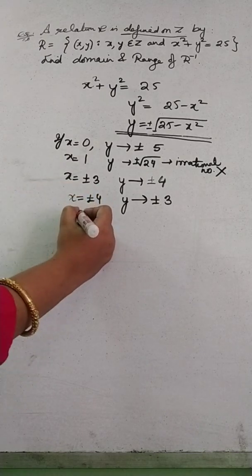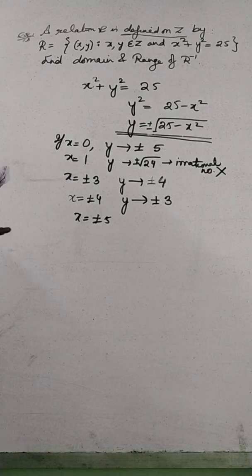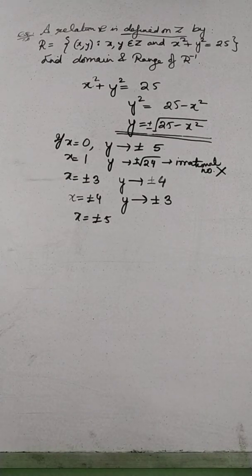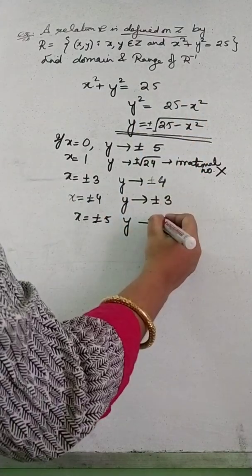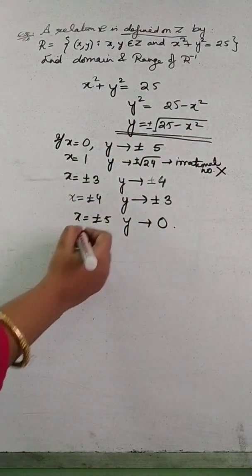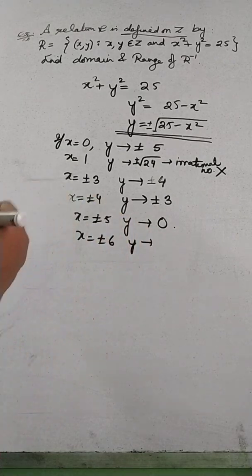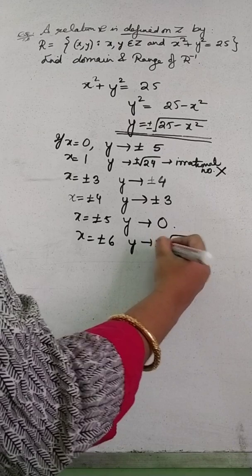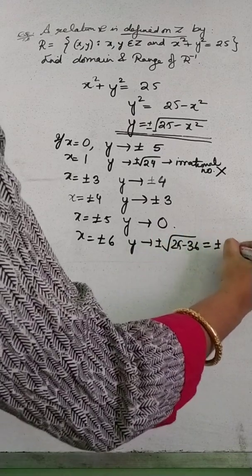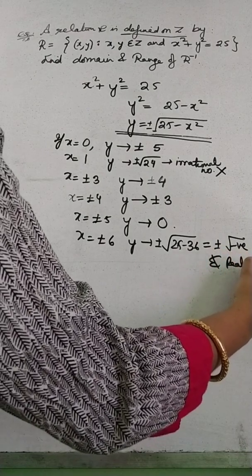If I take the value of x as plus minus 5, the value of y is 25 minus 25, that is 0. Plus minus 6, if I take, will it work? No, because this is going to be root over 25 minus 36, which is negative, not a real number, so forget being an integer.